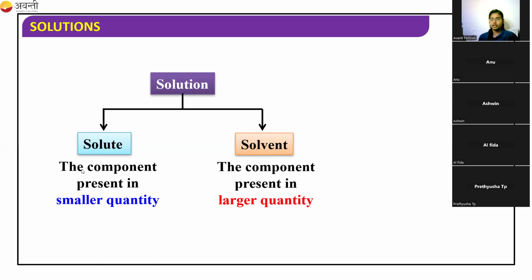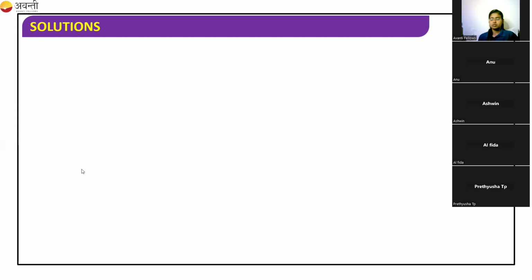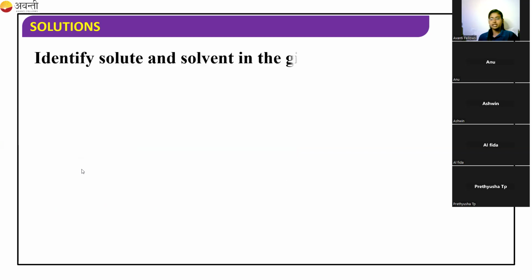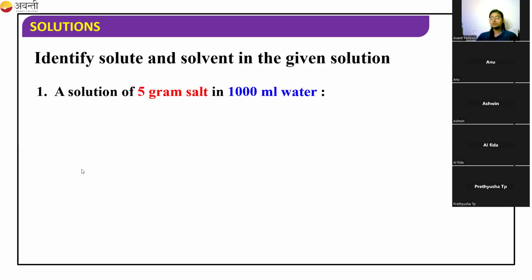Yes. Okay. Now you have to identify the solute and solvent in the given solution. I'm going to give you a question. It is a solution of 5 grams salt in 1000 ml water. Now you have to find out which is the solute and which is the solvent.